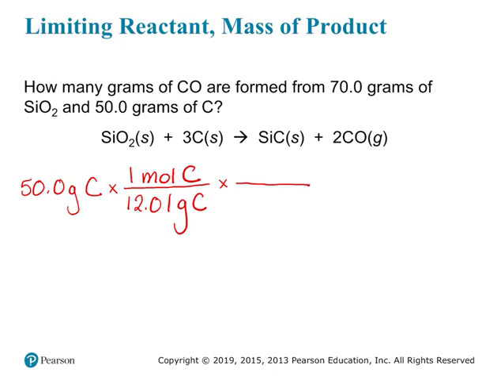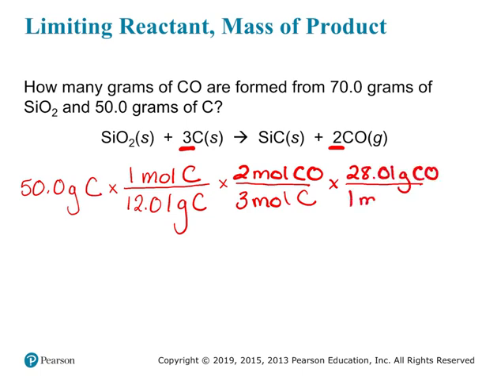So looking at our balanced equation, we have 2 moles of carbon monoxide for every 3 moles of carbon. Okay, and we want to end up with moles of carbon monoxide. So I'm going to put that in the numerator. And we'll divide by moles of carbon. So there are 3 moles of carbon. Okay, and then in the last step, we're going to convert to grams of carbon monoxide. So we're just going to use that same molar mass that we calculated earlier.